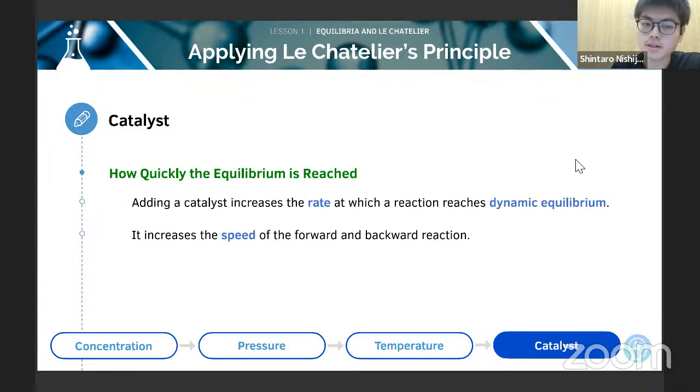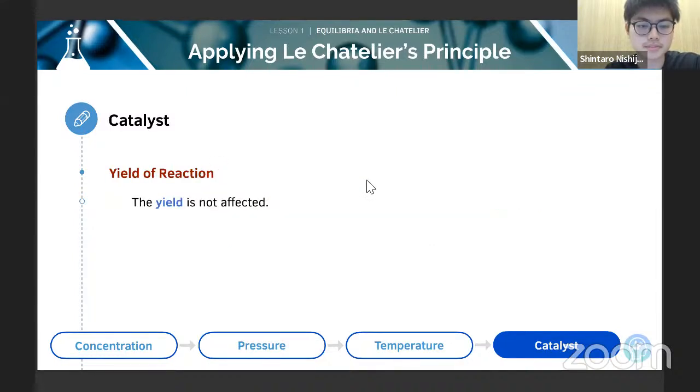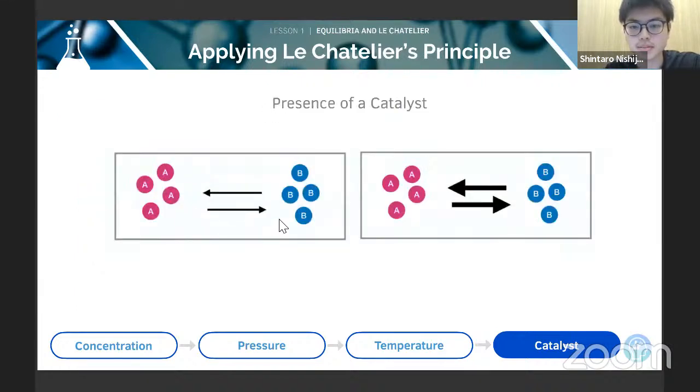And as time goes on, more of A gets converted to B, and then eventually you get a dynamic equilibrium. But it takes time to get to that dynamic equilibrium. And adding a catalyst can help achieve that dynamic equilibrium quicker. And the yield is not affected. So you're just increasing both.